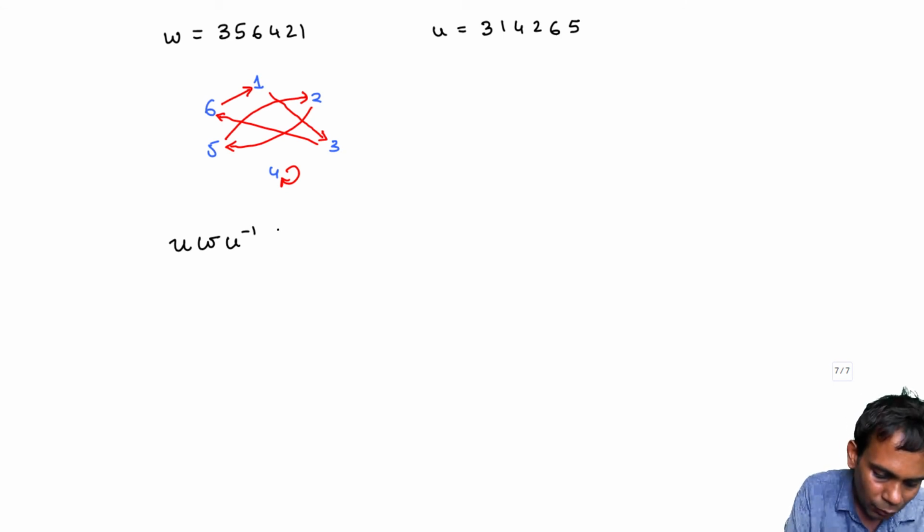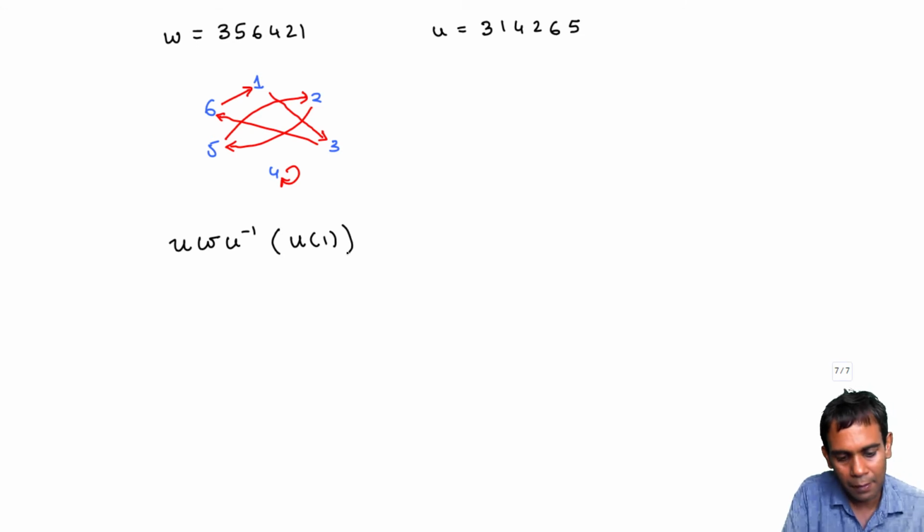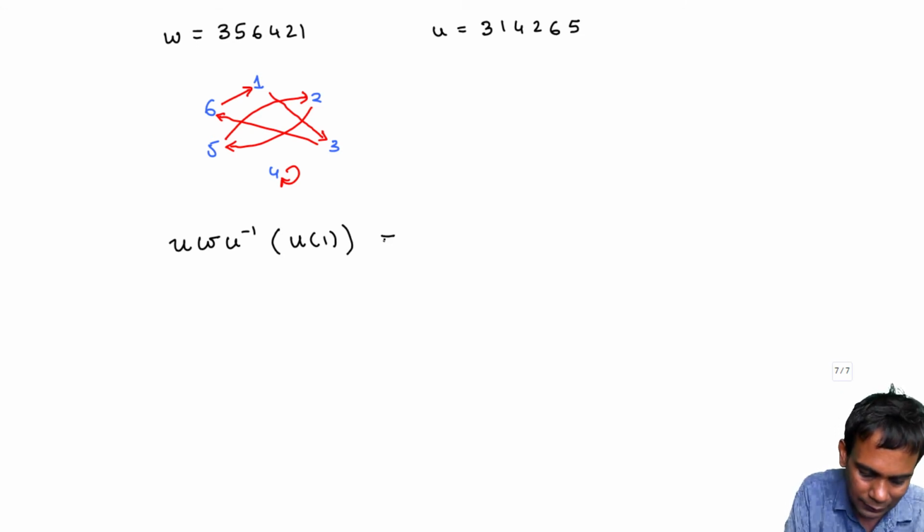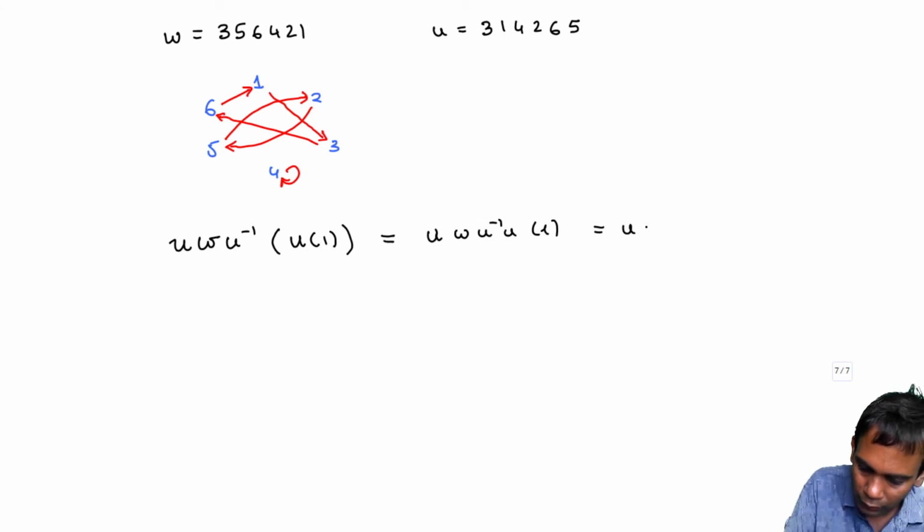So let's look at what happens when we apply U W U inverse to U of 1. I'm not going to apply it to 1, but I'm going to apply it to U of 1. The reason for this is, well, this is the same as U, then we'll get W, U inverse U of 1, but that's the identity, so you'll get U of W of 1.